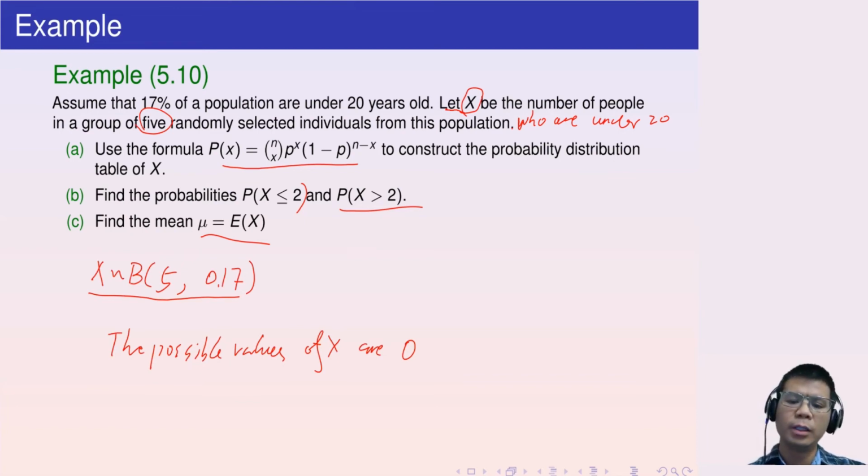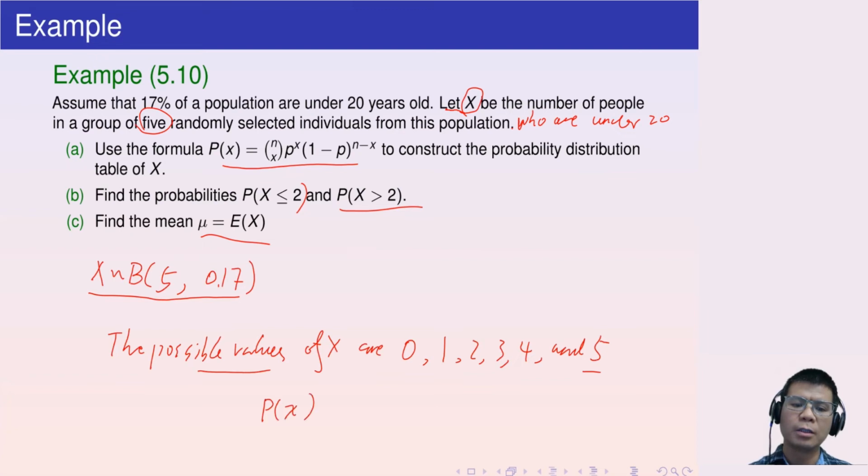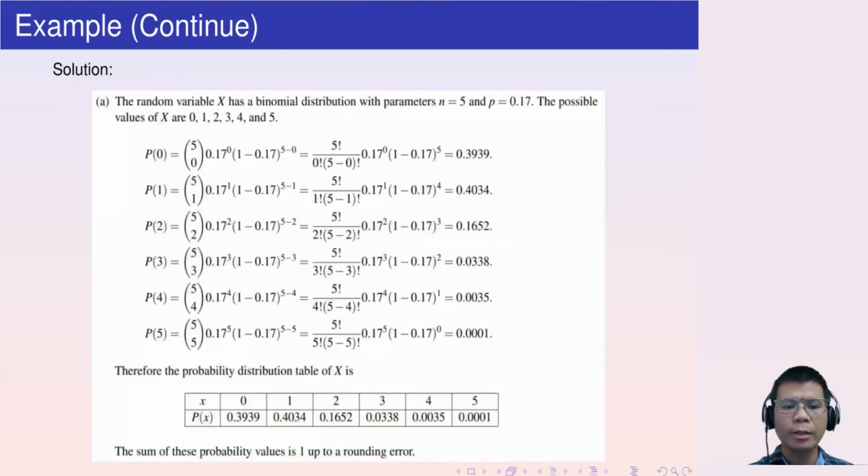It can be exactly 1, 2, 3, 4, and 5. So 5 means all of them are under 20, right? So these are the possible values of X. Then we need to find all the probability values, P of X. Now how to find that? Using this formula.